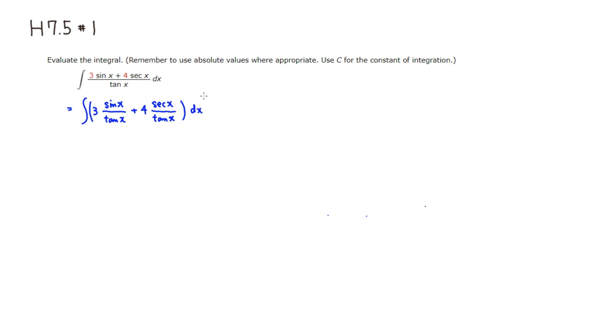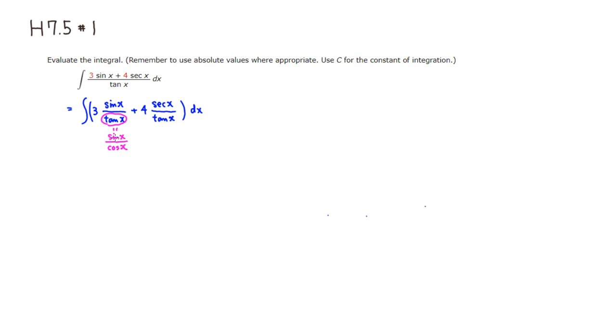I don't know what to do with the sine of x and tangent of x other than maybe write everything in terms of sine and cosine. This might help, so let's try that. I'm going to rewrite tangent of x as sine of x over cosine of x.